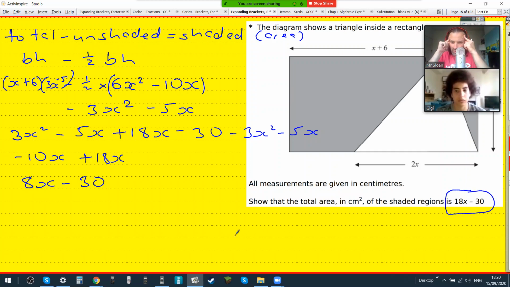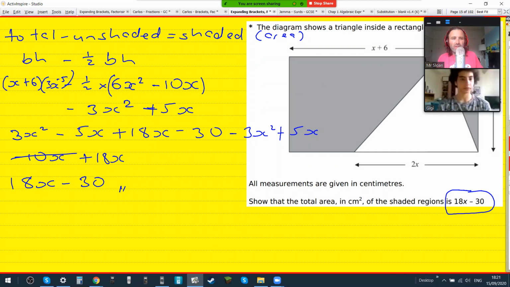One of these 5s must have been a plus 5. Yes, sorry. This one here, minus times minus, so that would be plus 5x. So actually, it would just be 18x. Alright, sorry. That's all right. I had to just scribble it a bit to fit it in.